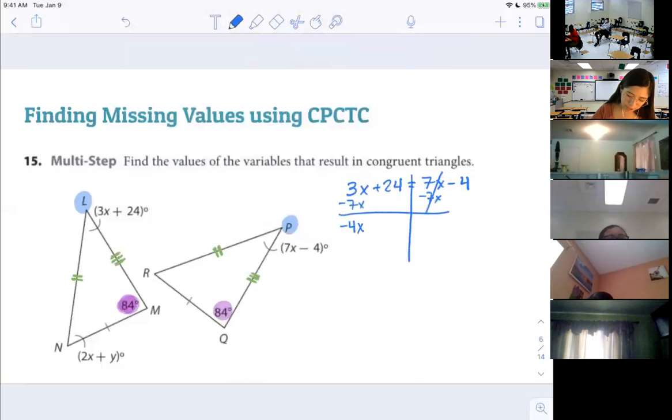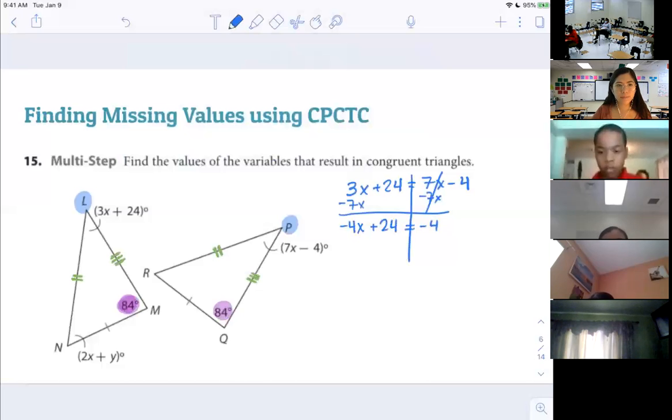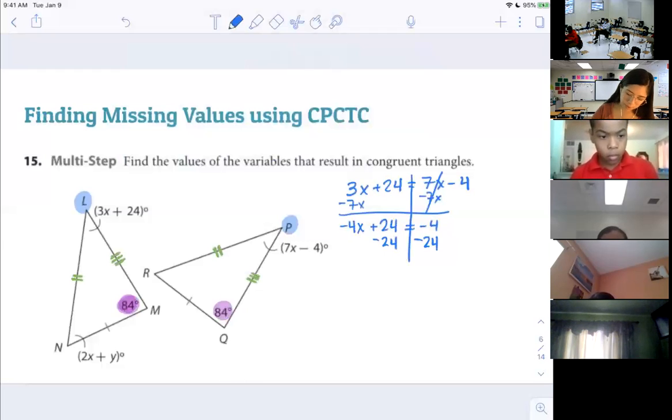So I have negative 4x plus 24 equals negative 4. Now what do I do to both sides? Good, minus 24. What's negative 4 minus 24? Good, negative 28. Divided by 4.